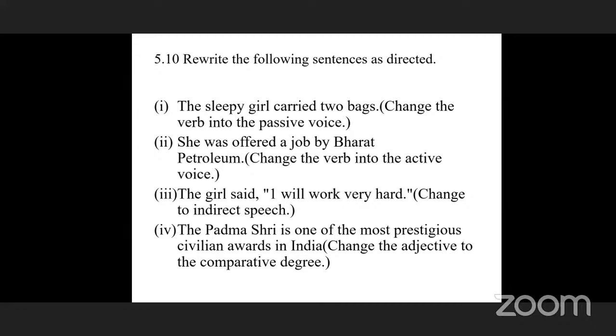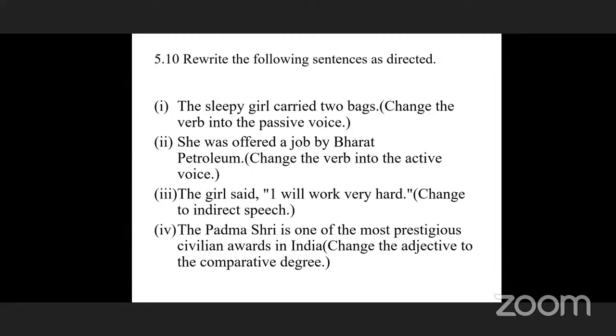That's all. Next, it is direct indirect speech. For your convenience, I am going to give you one or two minutes of introduction. The girl said, I will work very hard. Remember one thing, the first part can be called reporting speech. The second part, which is in between the inverted commas, can be called reported speech.